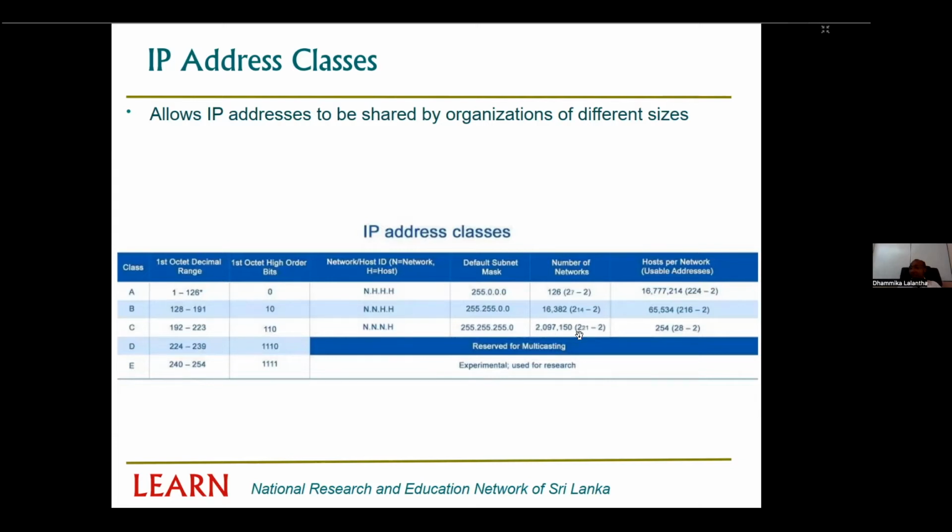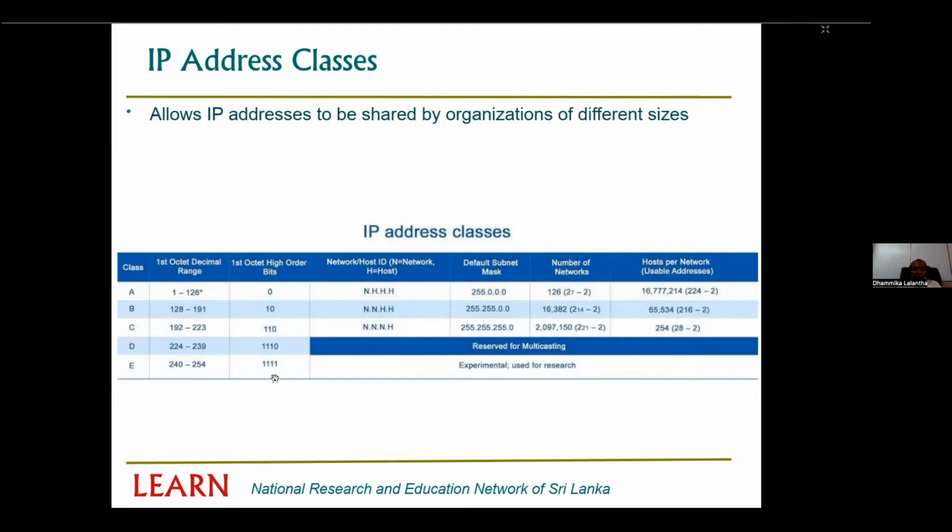That's a very big number. Hosts per network will be 254. We'll see there are very simple formulas to get usable addresses and the number of subnets when we do some examples.